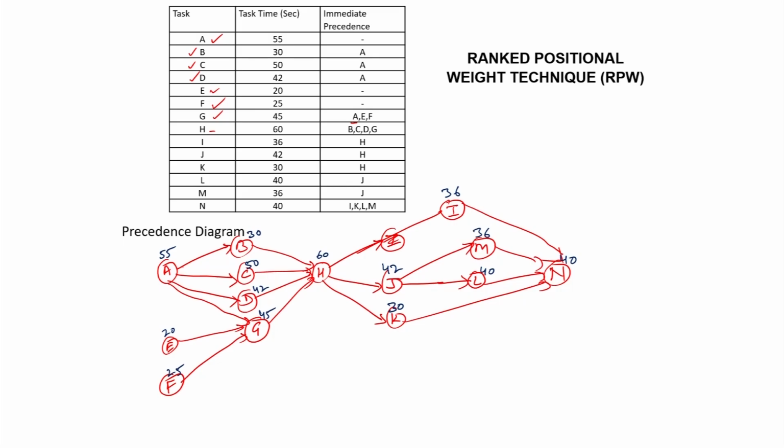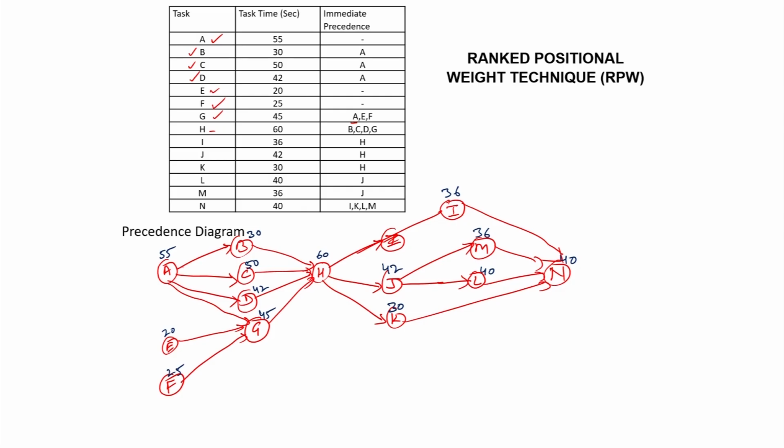First step in the RPW technique is to draw the precedence diagram, which we have done now. Once we have done that, we will calculate the ranked positional weight of each of these elements.